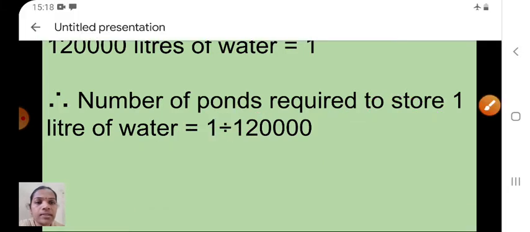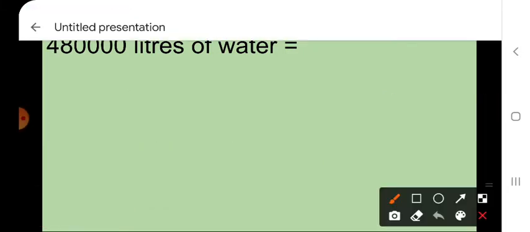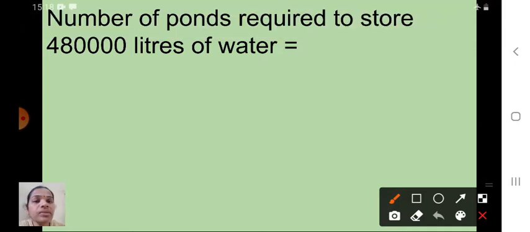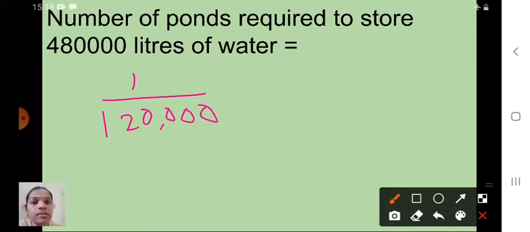So the number of ponds required to store 4,80,000 liters of water: for 1 liter, as I told, 1 upon 1,20,000. So for 1 liter this much is needed, and for 4,80,000 liters of water we have to multiply with 4,80,000.